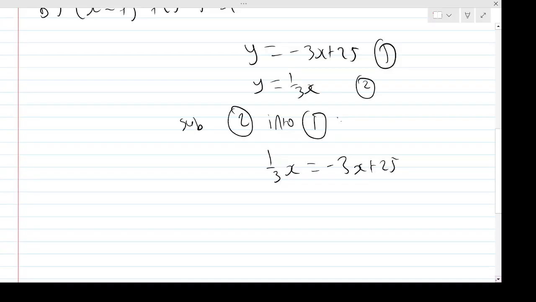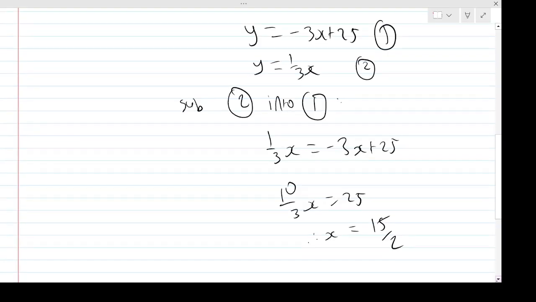If I add the 3x, 3 add a third gets to be 10 over 3x equals 25. Therefore x, if I divide 25 by 10 over 3, I get x is 15 over 2.